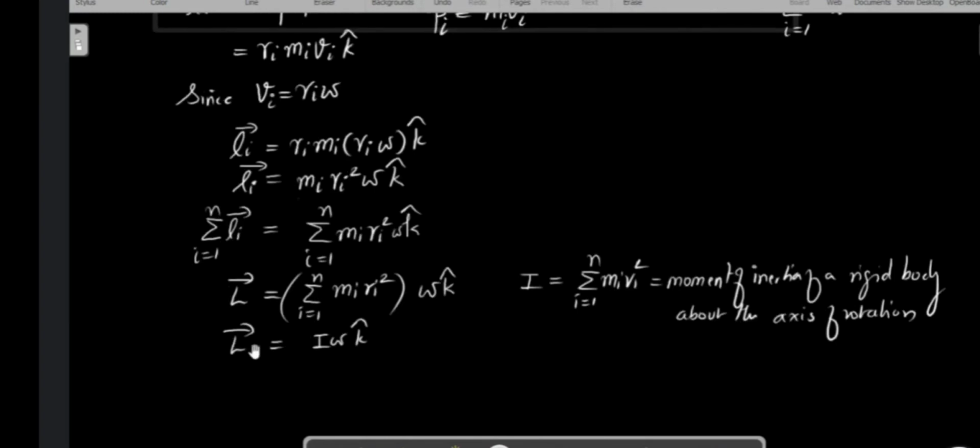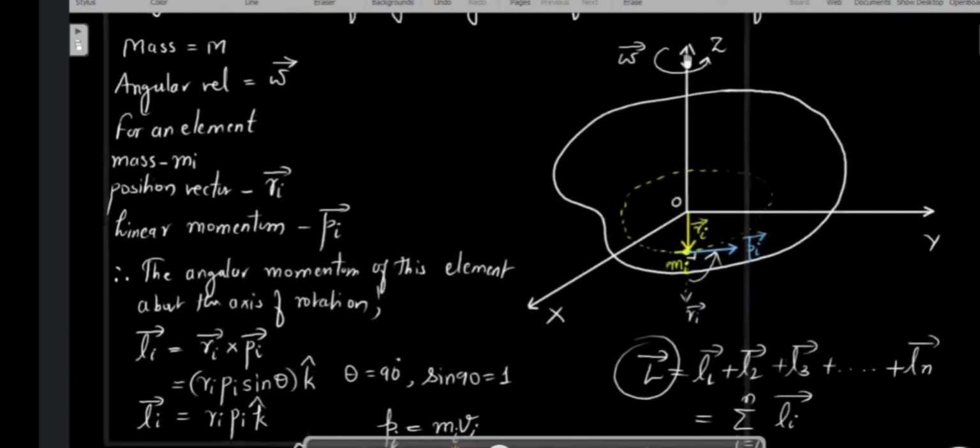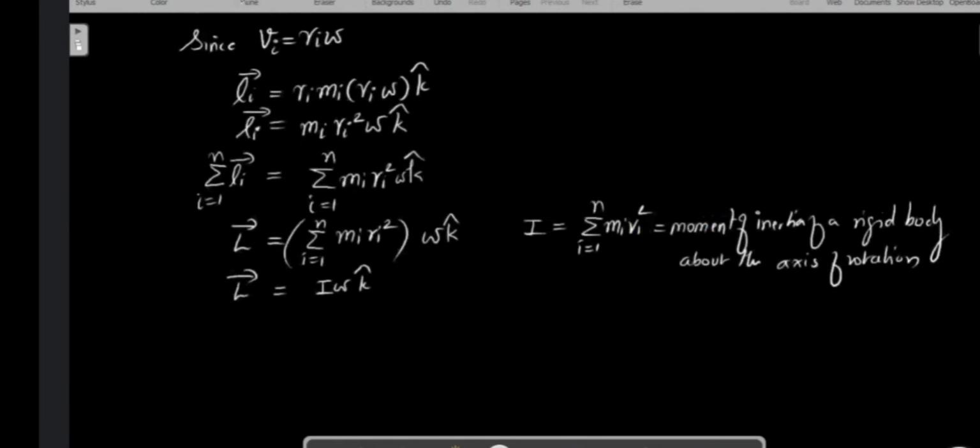So I get L is equal to I omega into k cap. But luckily, omega, that is angular velocity, is also in the direction of the z axis, that is k cap. So I can write omega into k cap as vector omega, which is also along the z axis, right? So L can be written as I into vector omega.